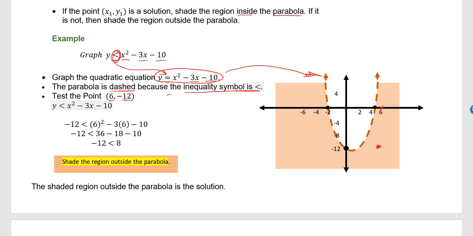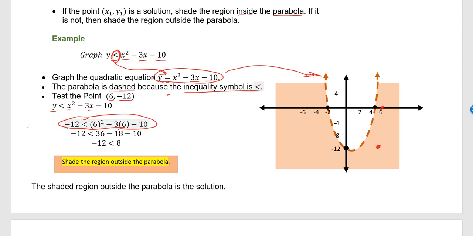So plug the 6 for the x and plug the -12 for the y. So you have -12 is less than 6 squared minus 3 times 6 minus 10. See if -12 is indeed less than this whole expression on the right.